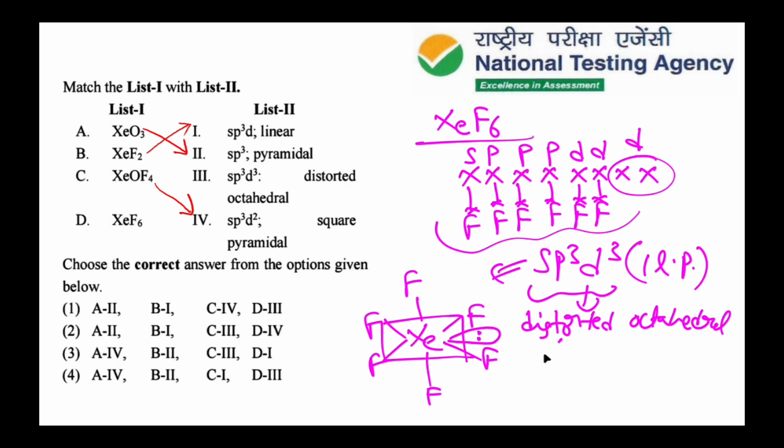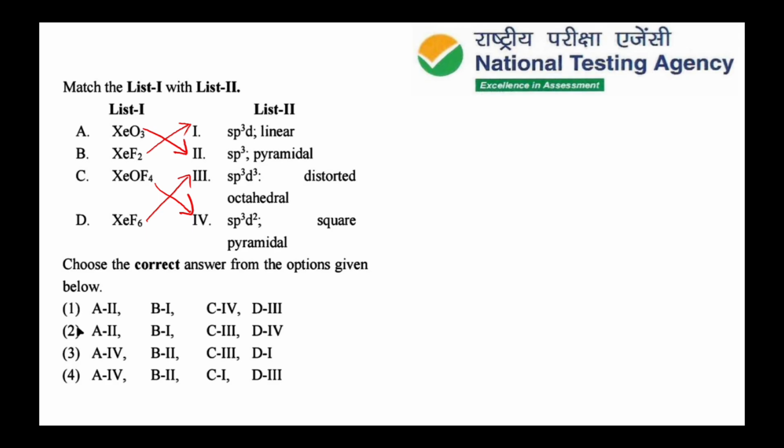This is distorted octahedral, also called pentagonal pyramidal. Originally sp3d3 means pentagonal bipyramidal; with one lone pair, that is called pentagonal pyramidal, also called distorted octahedral. So the correct representation is option 1.